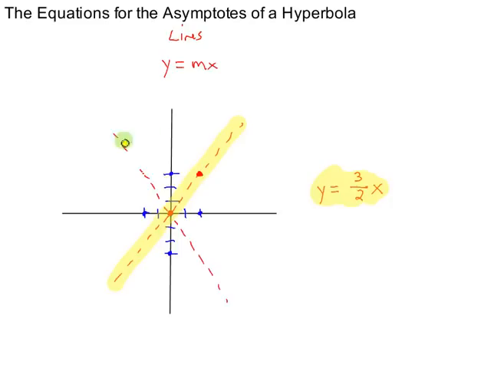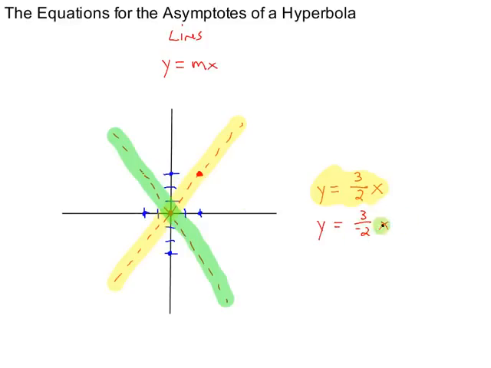Let's do the same thing for the green asymptote. It'll be y equals the slope times x as well, because the y-intercept is 0. Its slope, you rise 3, but you run -2, not +2.